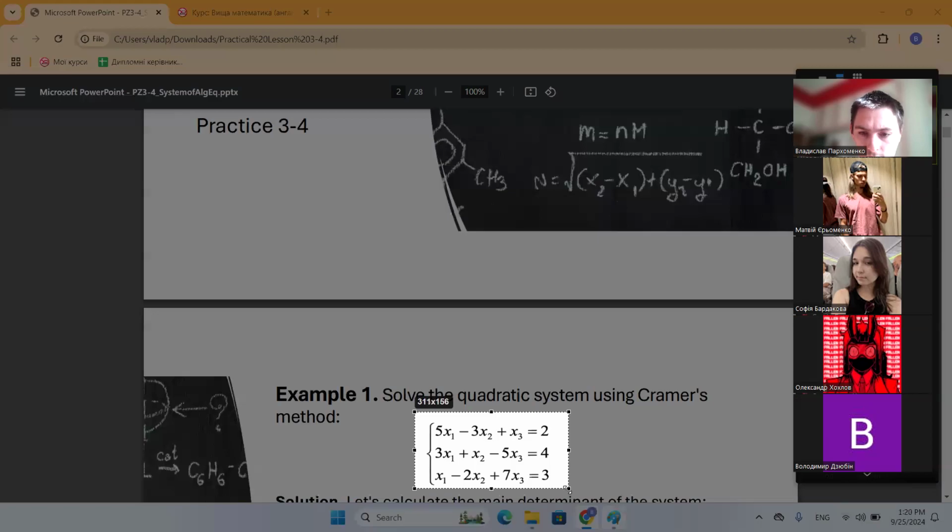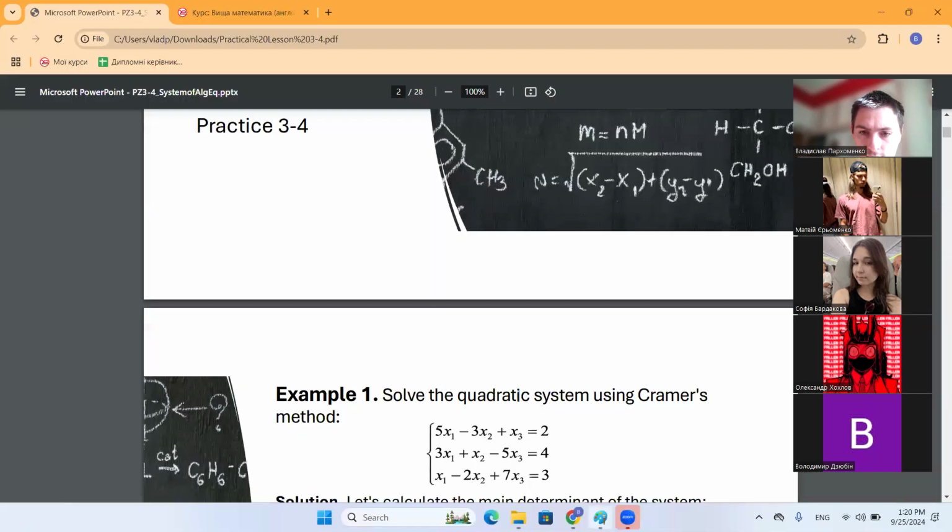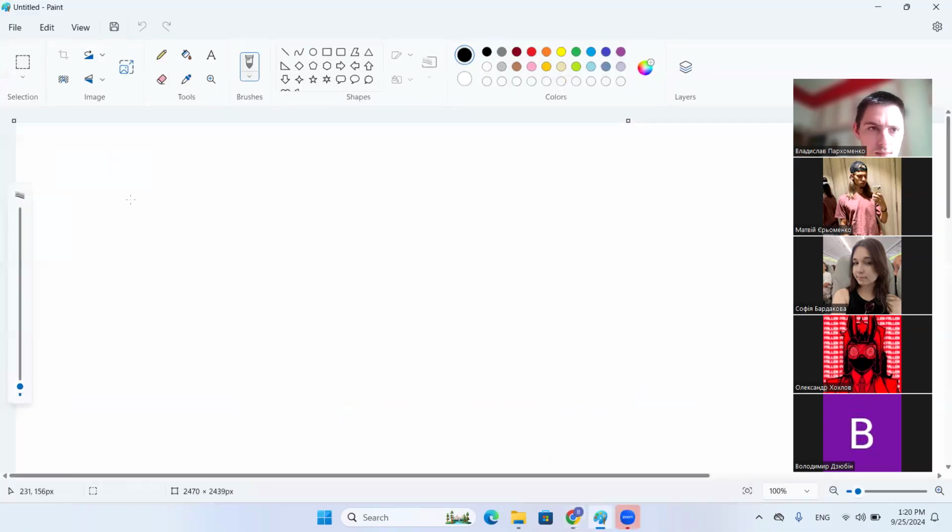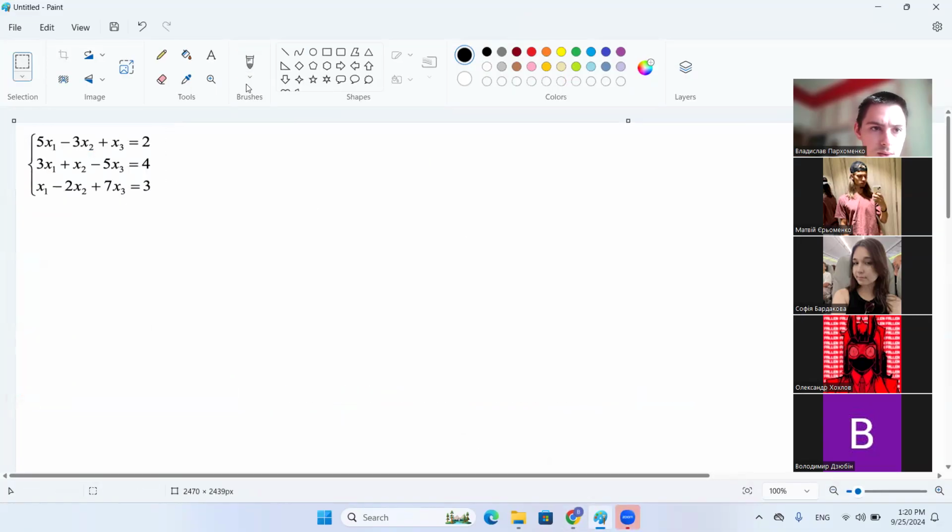I will share my screen, so we will solve the example. It's lagging a little bit. So firstly, let's evaluate the determinant for the matrix of the system.